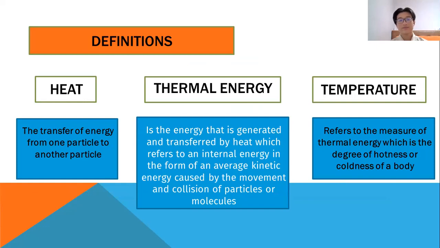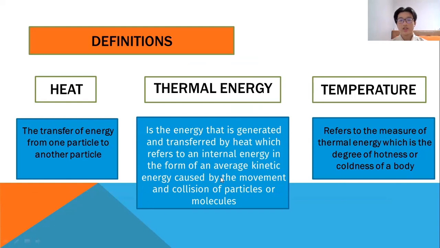What is heat? Heat is the transfer of energy from one particle to another particle. The second one is thermal energy. Thermal energy is the energy that is generated and transferred by heat. This heat and this energy take the form of average kinetic energy.